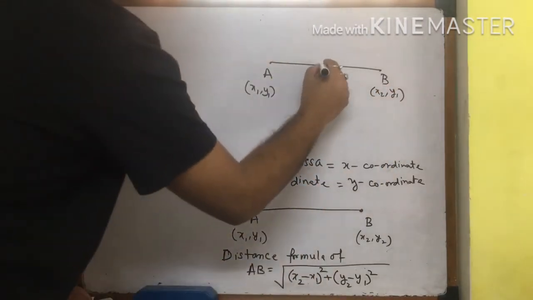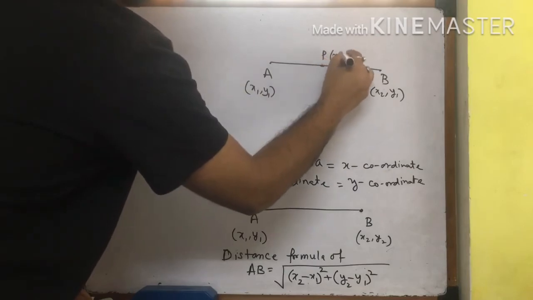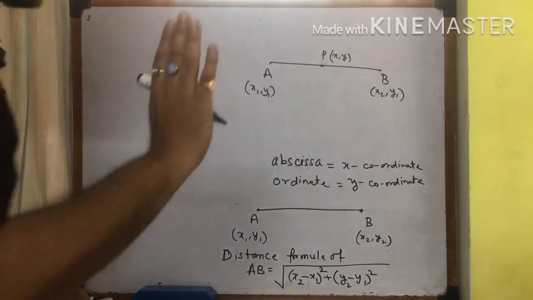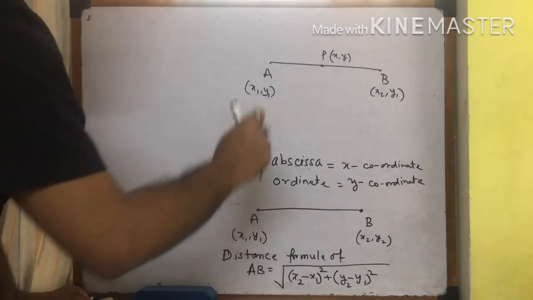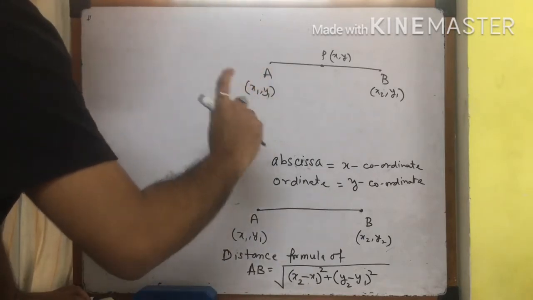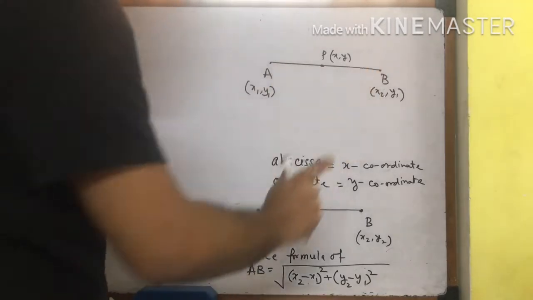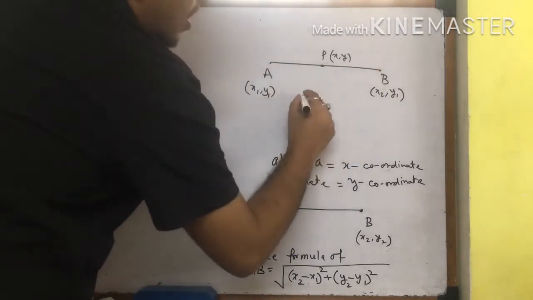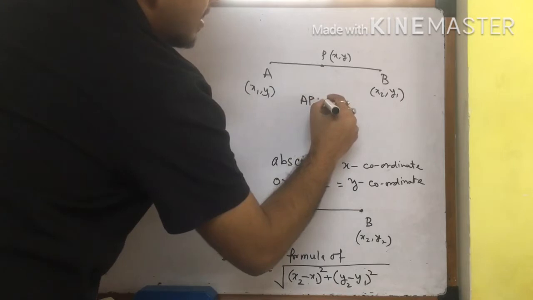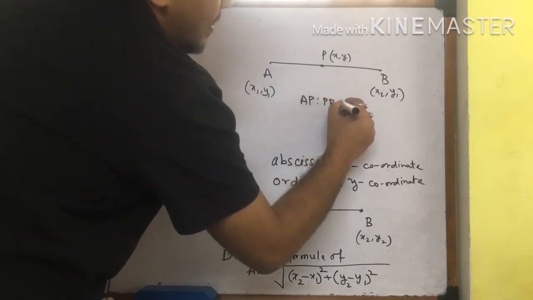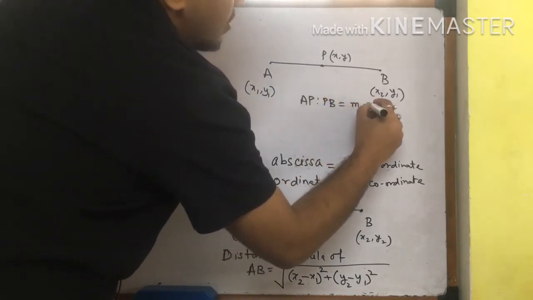And this is a point P whose coordinates are (x, y), and it is given that the ratio of this one and this one is given. That means the ratio of AP and BP is given, that means AP is to PB is equal to m1 is to m2.